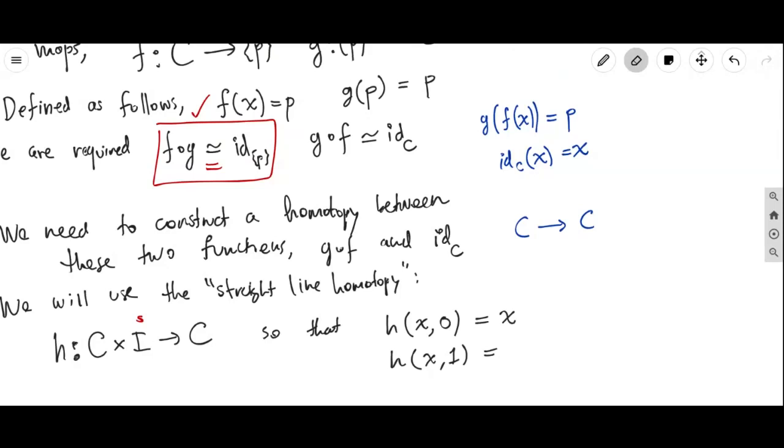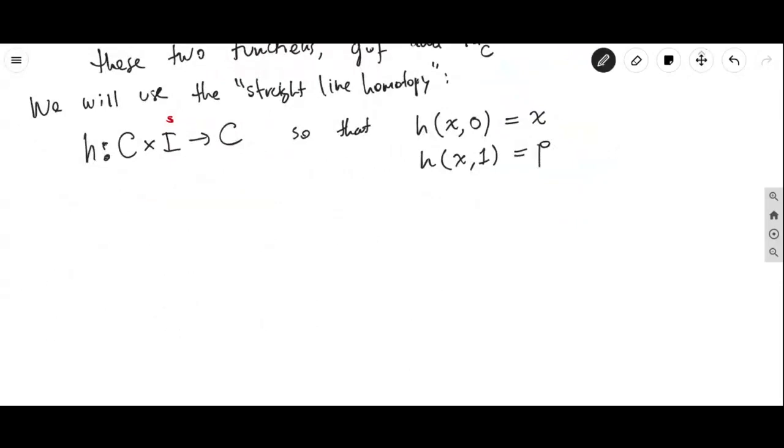It's kind of like an equivalence relation. So let's suppose at S equal to 0 you have the identity, and when you set S equal to 1, you get the other mapping, the constant mapping, which gives you P. So you want some kind of continuous interpolation between these two.